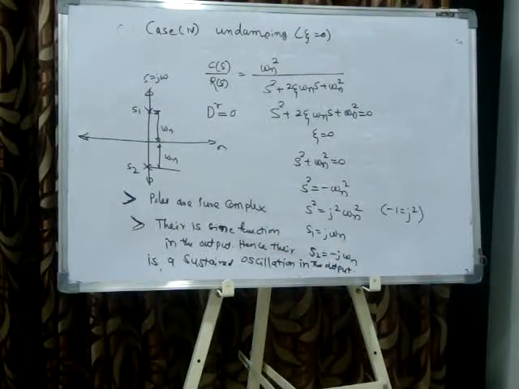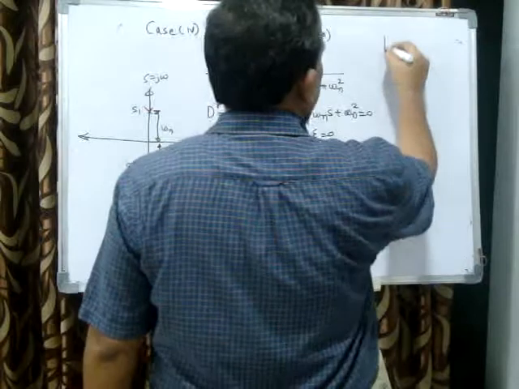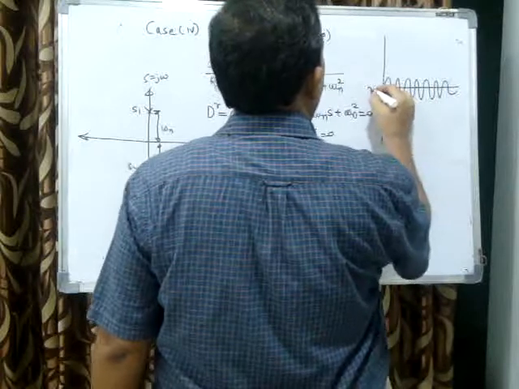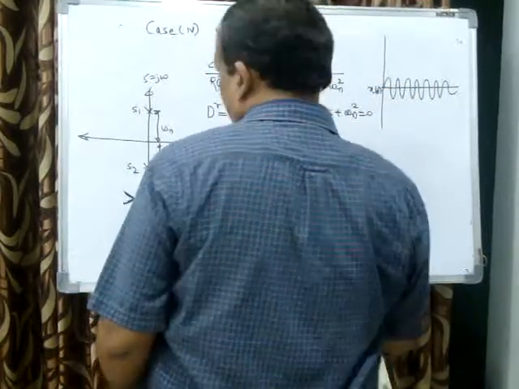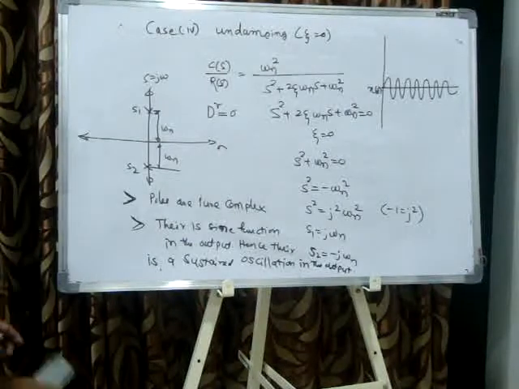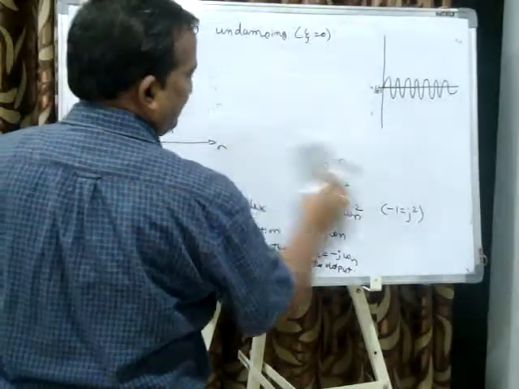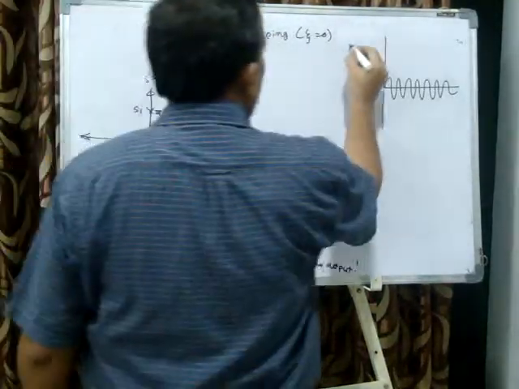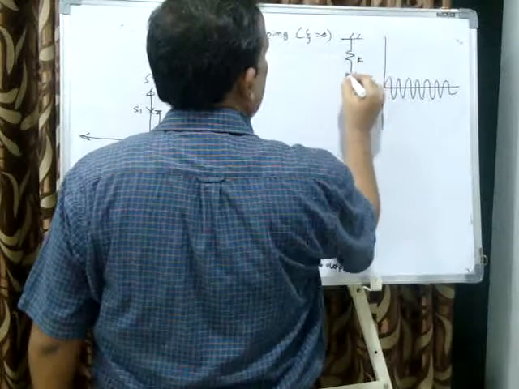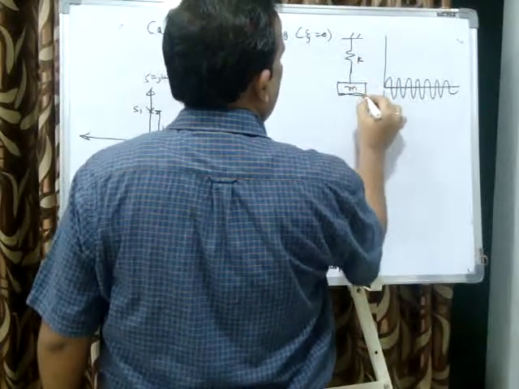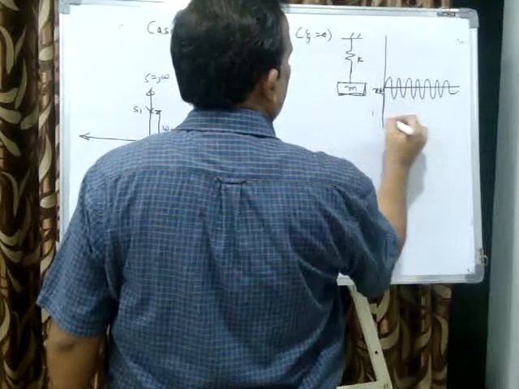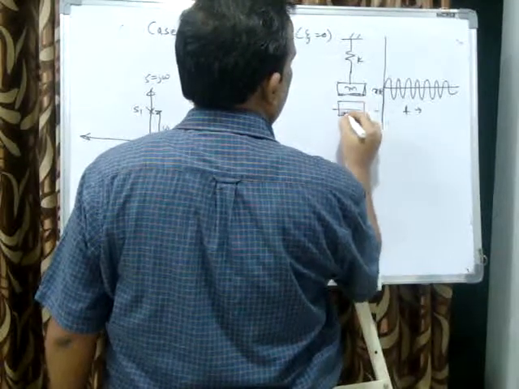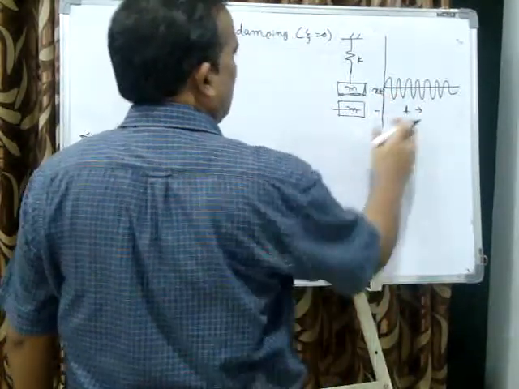Okay, so we can see the graph here. The output has a constant frequency. It starts oscillating, x of t. For example, the oscillation of a spring with no damper, only spring and mass, especially in a vacuum. If you just pull the mass by some amount, it starts oscillating.